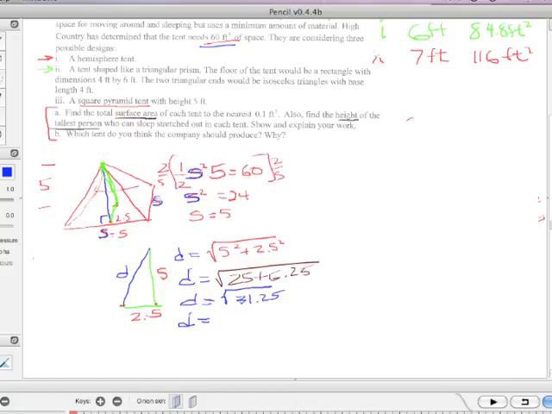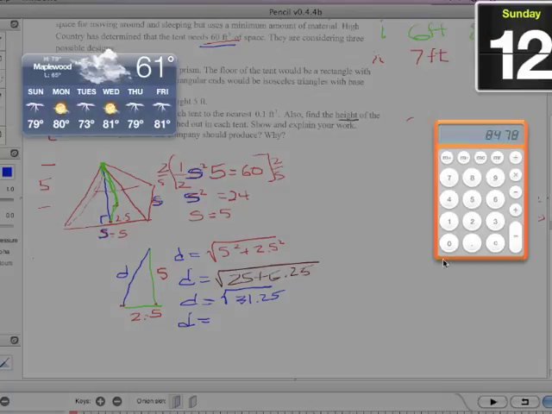Well, let me get a little bit more accurate. Let's see what 6.4 squared is. No, it's way off. That's going to be something like 5.5, right?